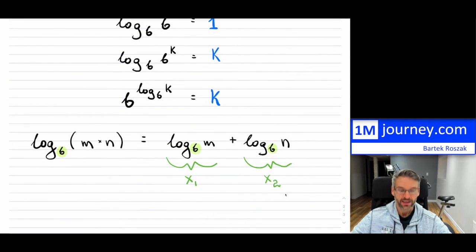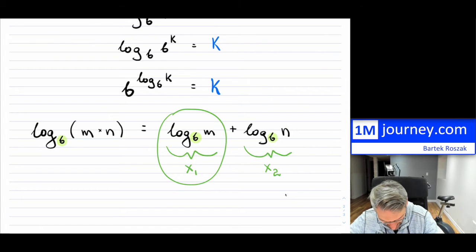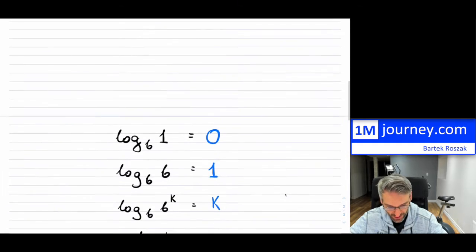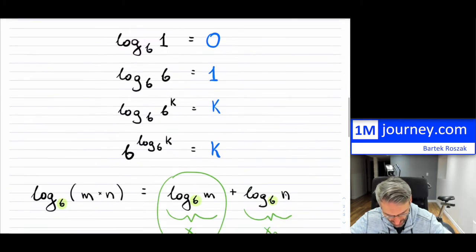Now, if that's true, then I also know that if I have x1 is equal to log base b of m, then I can rewrite this by our equivalence, which we have right here, changing from log back into the exponent form.